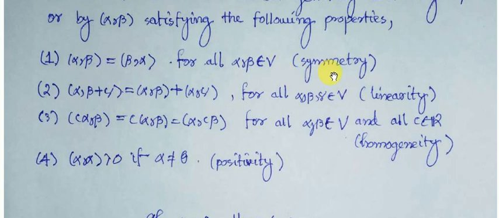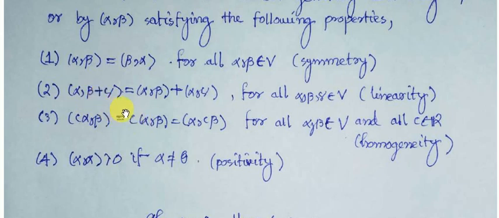This is called the symmetry property. Number 2 is the linearity property. For this linearity property, we have considered an element from the domain of definition, alpha comma beta plus gamma. The first component is a single vector alpha and the second component is the addition of the vectors beta and gamma. I think you all know how to add two vectors from a vector space. This is the component wise addition.